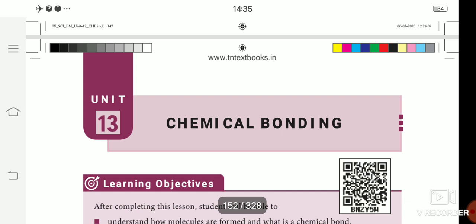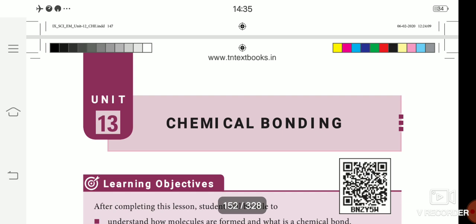The atoms are held together by a strong electrostatic force, which means the attraction between positive and negative charges in the formation of the bond. This strong electrostatic force gives the compound its characteristic features.